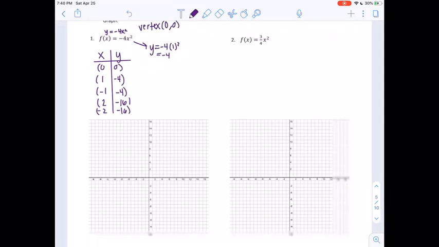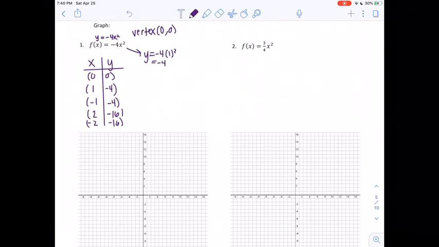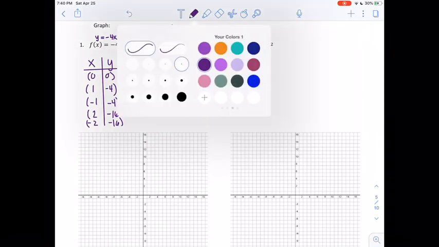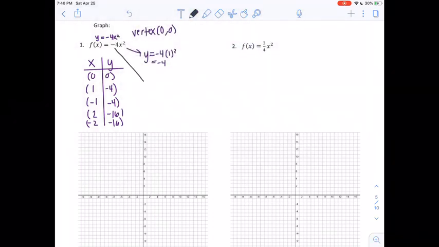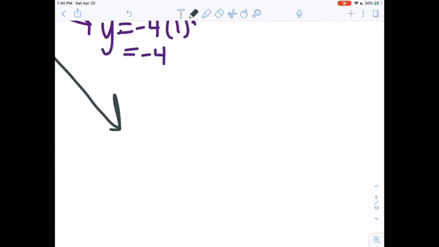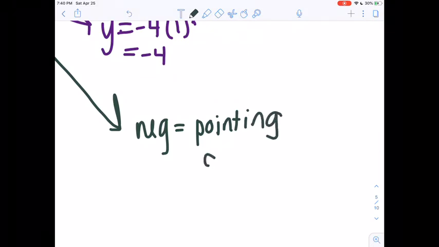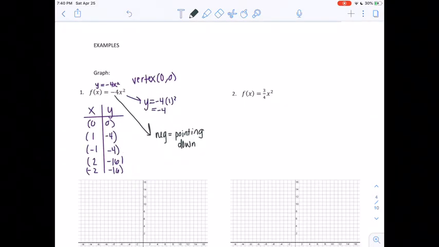So I'm going to plot these points. Before I plot, I just want you to think to yourself, which way is this parabola going to be pointing? Well, I know that a, the number in front of x squared, is negative, which equals pointing down. And you'll see that when you plot your points.